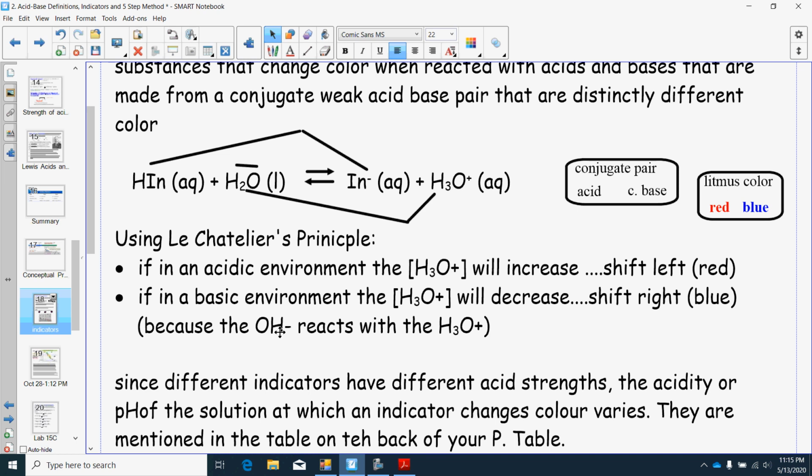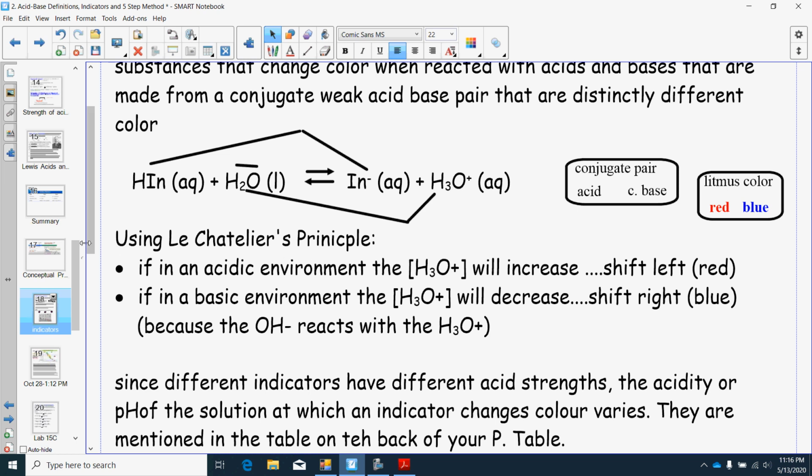So they create a background reaction. They take the H3O positive and react to make water, which is neutral. So essentially the concentration of H3O positive drops. When it drops, the fix is to make more of it. So this would shift to the right to make more of it, and also making more of this indicator in its conjugate base form, and therefore we get blue.